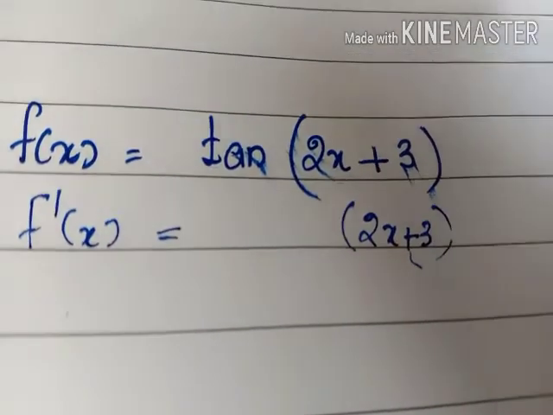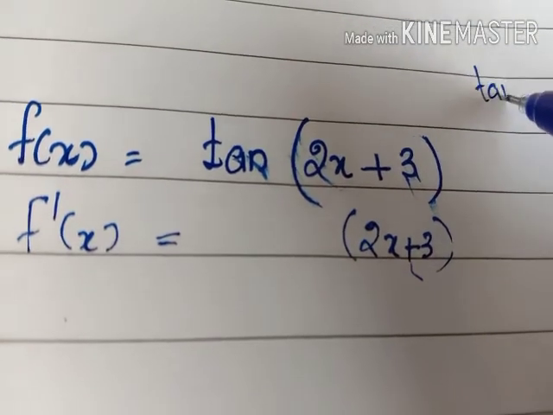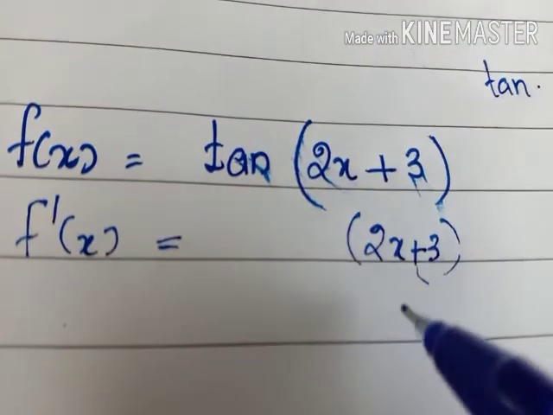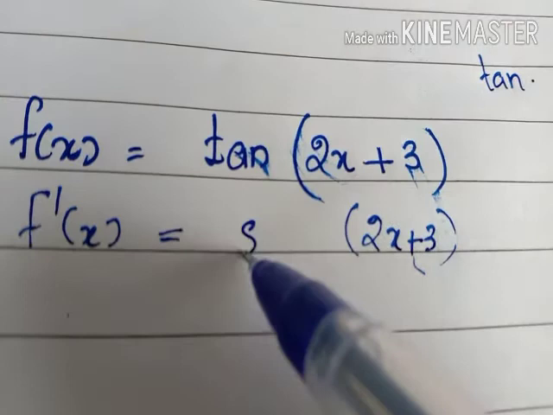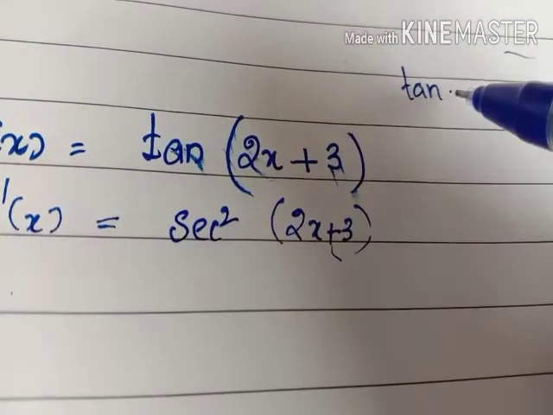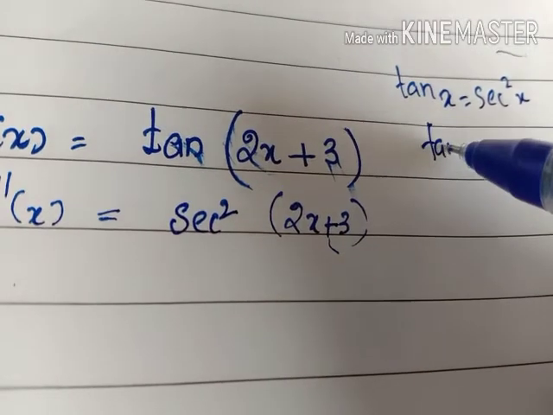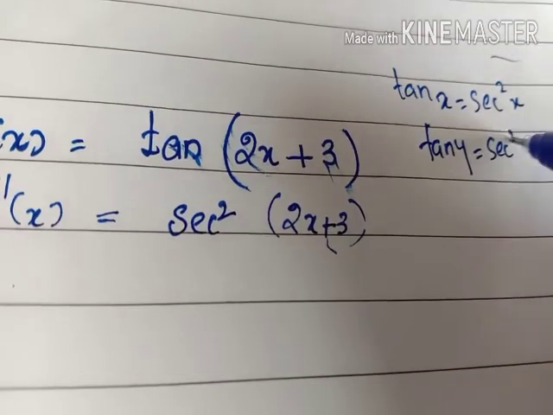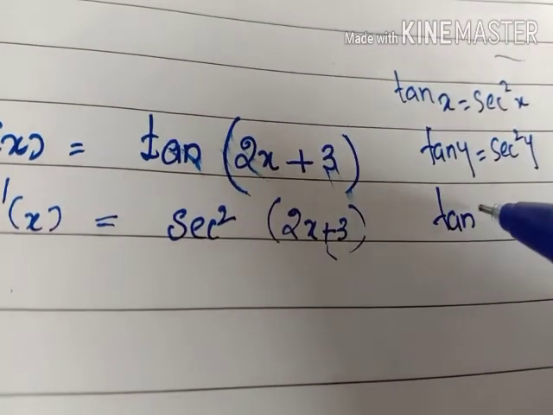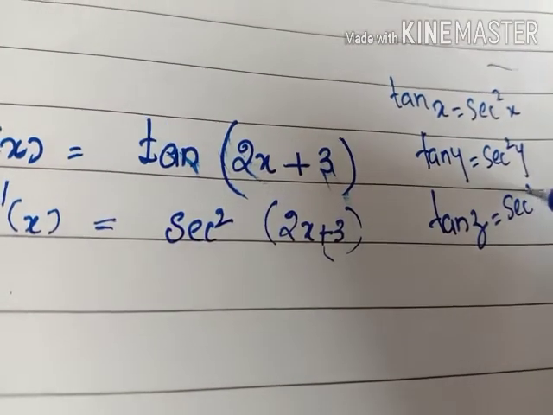It is sec square. Derivative of tan x is sec square x. Derivative of tan y is sec square y. Derivative of tan z is sec square z.